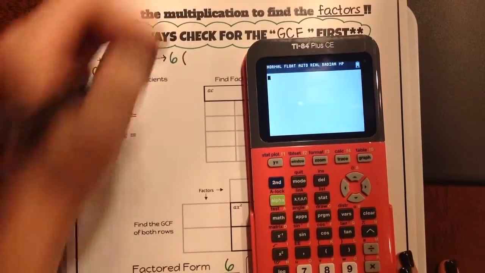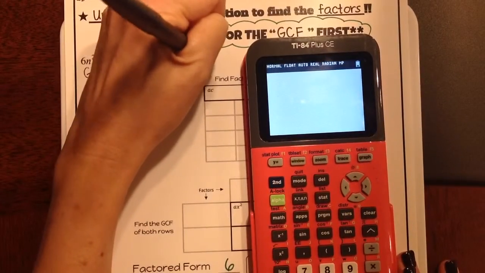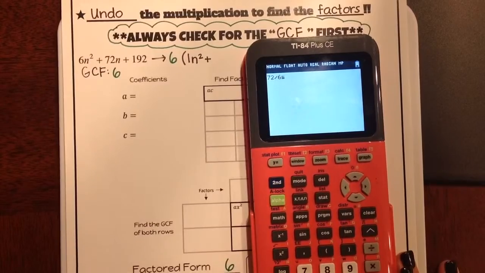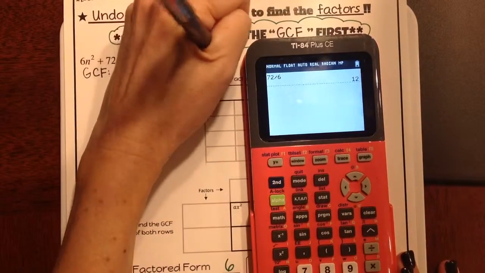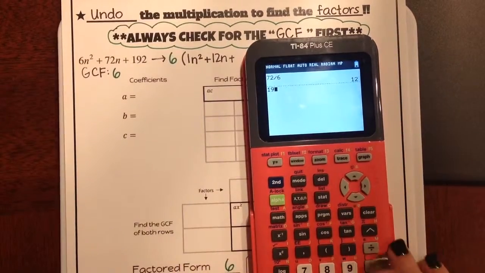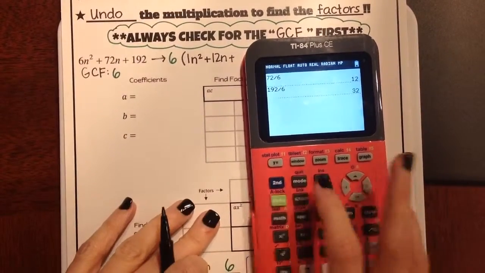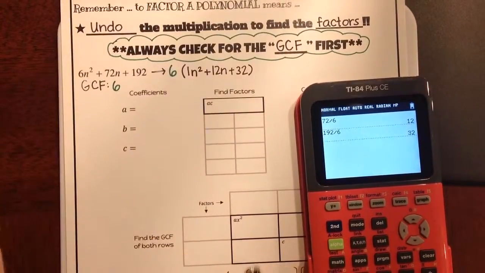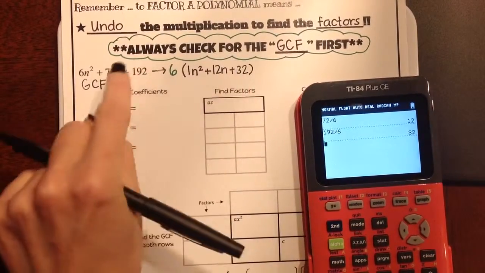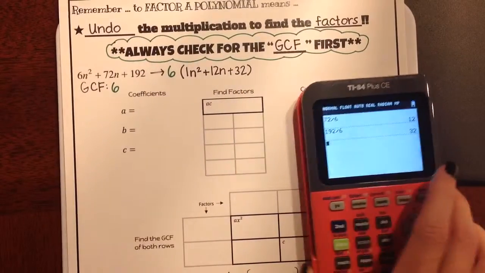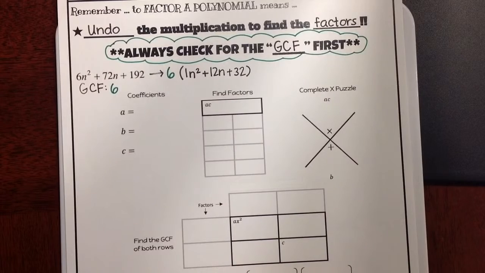Well, I know 6 divided by itself is 1, so I'm going to get n squared plus 72 divided by 6, that is 12, so 12n. And now 192 divided by 6 is 32. So when I factor out my GCF, I have in a sense divided each of my coefficients by 6, and that left me with the trinomial 1n squared plus 12n plus 32.